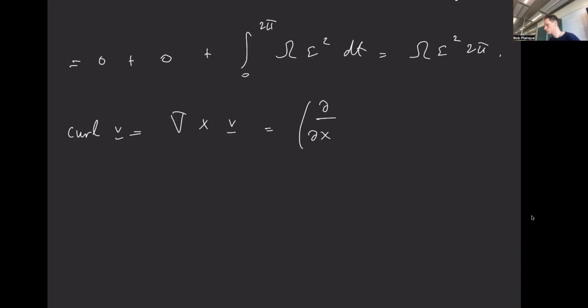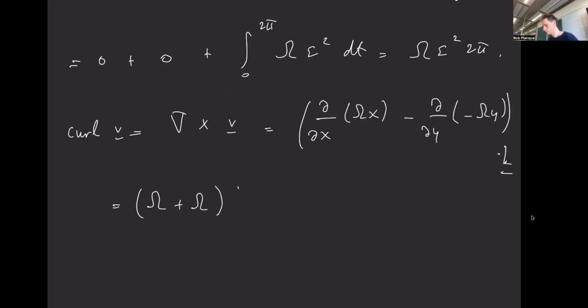It's the d/dx of the second component minus the d/dy of the first component times this third vector. Well, that's all very simple. That's just omega plus omega times k.